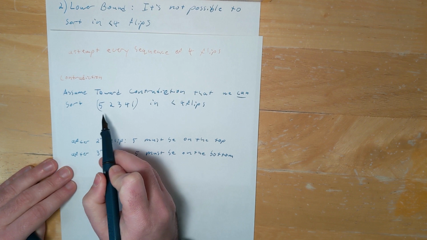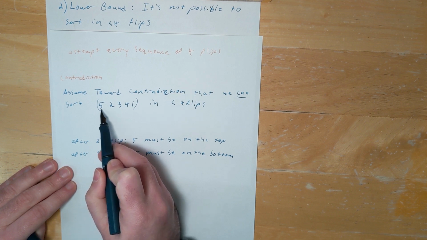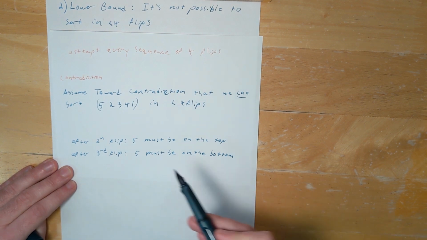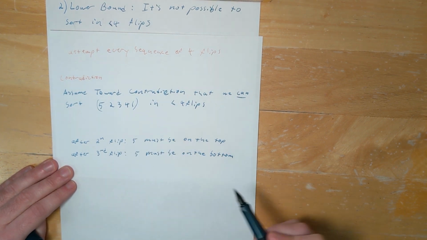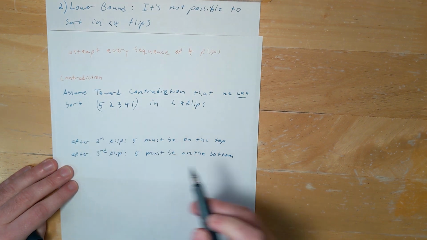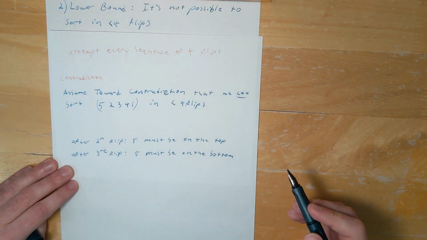So what we're going to see then is that because of these two, the only hope we possibly have of sorting this list in fewer than 4 flips is if our first flip is going to put 5 on the very bottom.